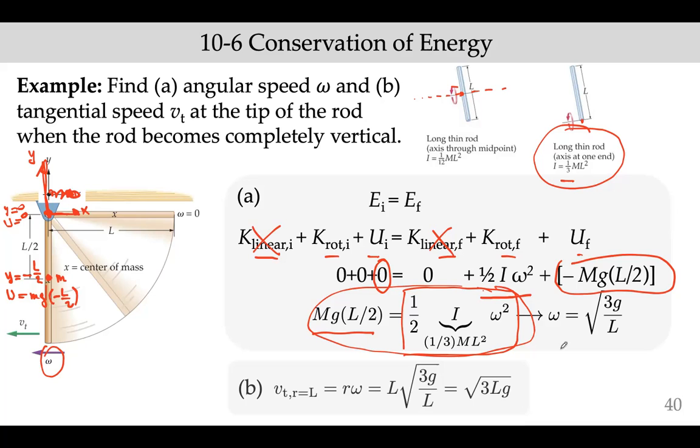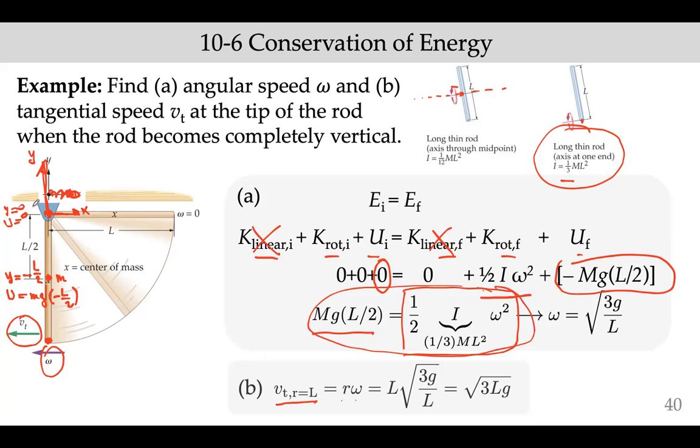Okay, in part B, find the tangential speed at the tip of the rod when the rod becomes completely vertical. So what is the tangential speed at this point? Well, the definition of tangential speed at distance r is r times omega. Now, what is r?